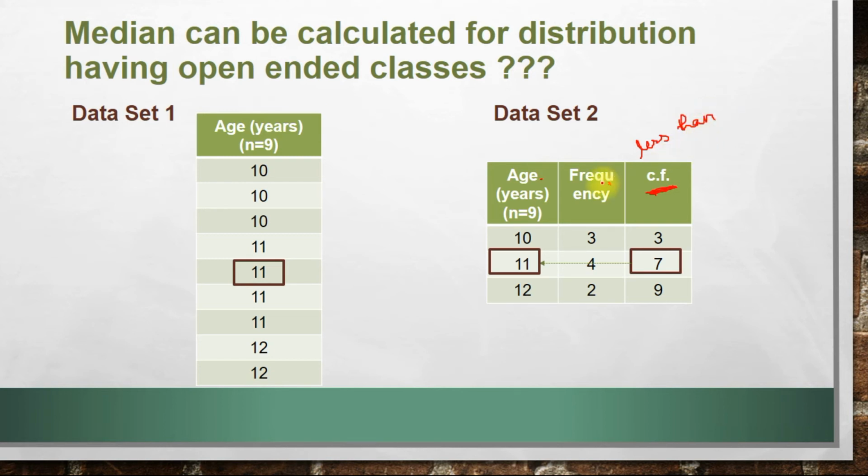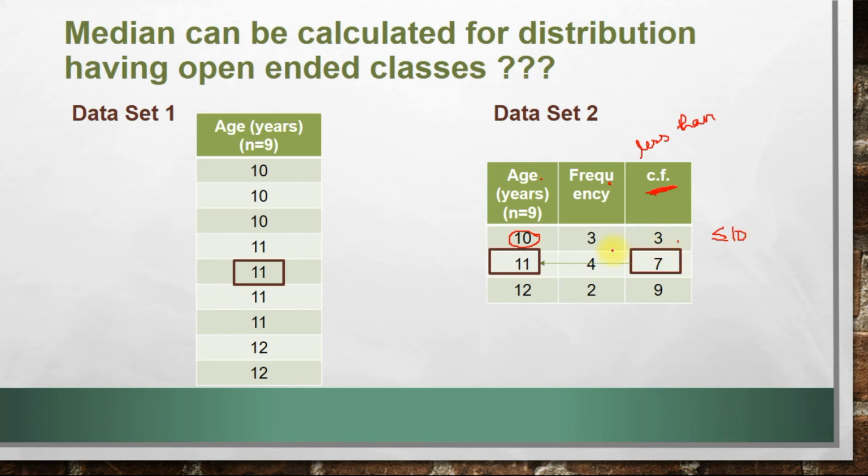That means how many observations are less than or equal to each point, starting with the first point of the table, 10. How many observations are less than or equal to 10? 3, because the frequency for 10 is 3. So the number of observations less than or equal to 10 is 3.